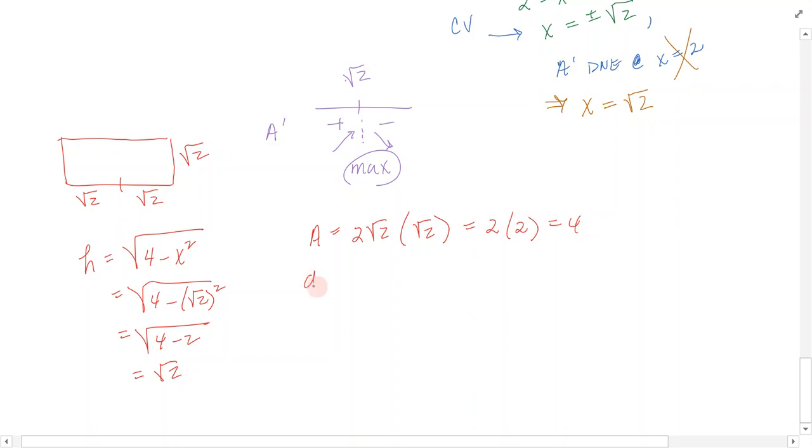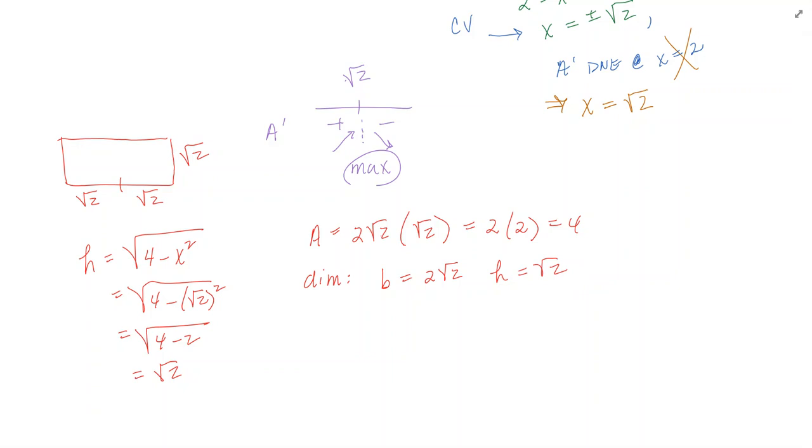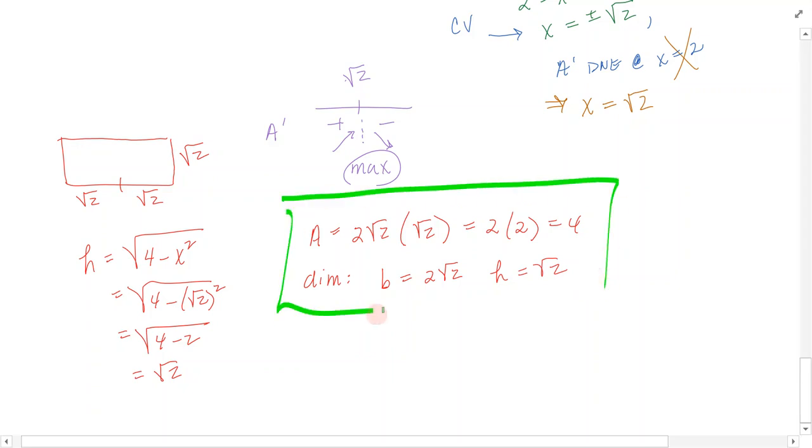The dimensions, we said, are that the base of my rectangle is 2 square roots of 2, and the height of my rectangle is the square root of 2. So all of that's to say the maximum area is 4, with rectangular dimensions being a base of 2 square roots of 2 and a height of square root of 2.